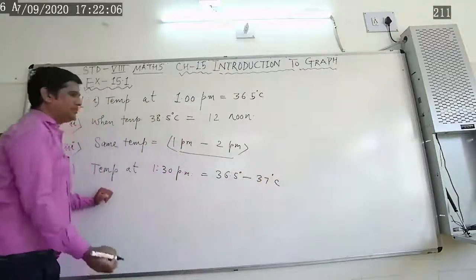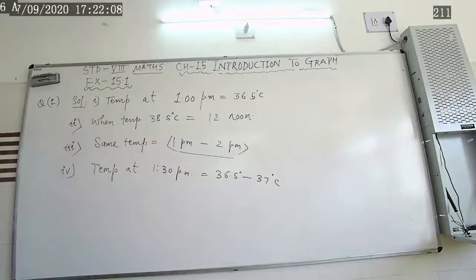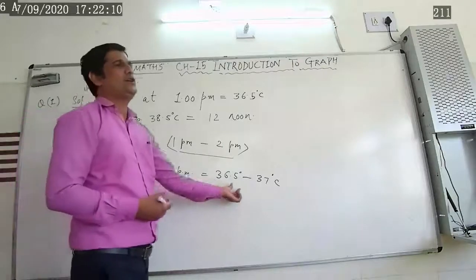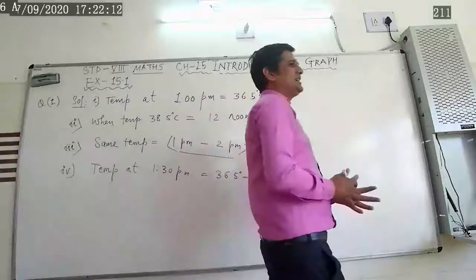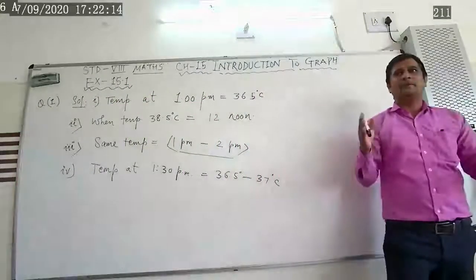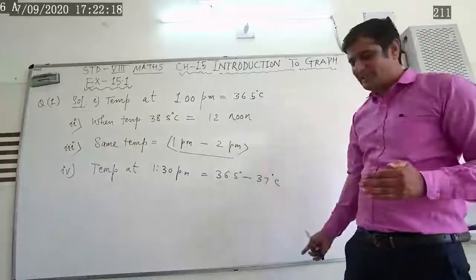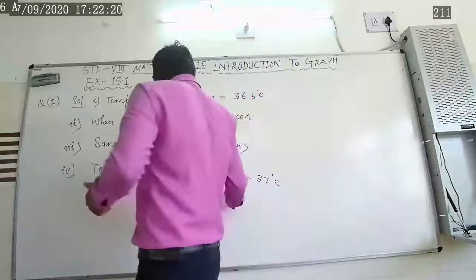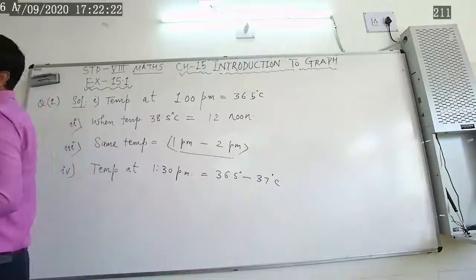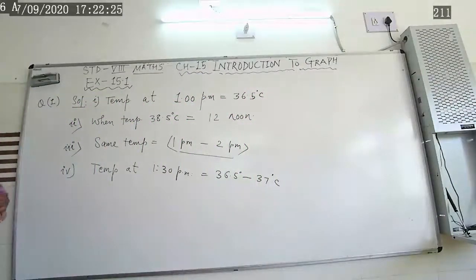This is the ranging of the temperature. It's lying between the 2 points, 36.5 to 37, because it is the interval of the temperature 36 to 37. So the range is coming between 36.5 to 37.